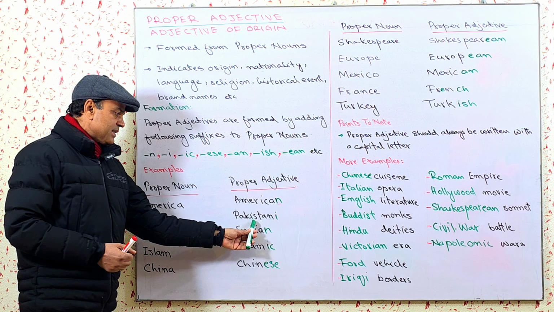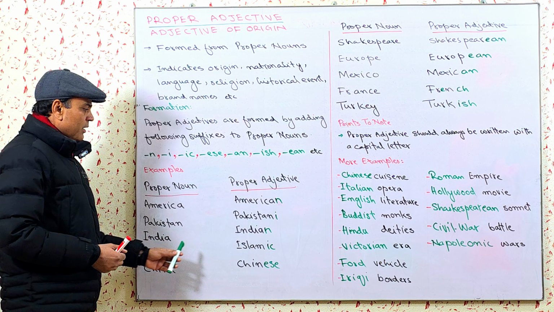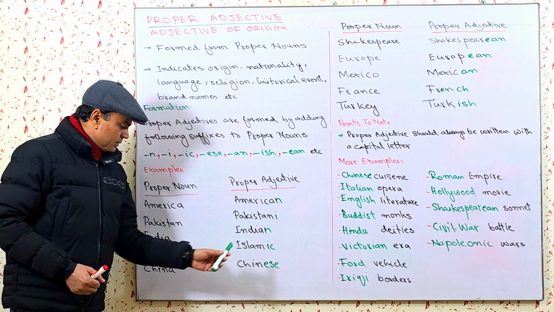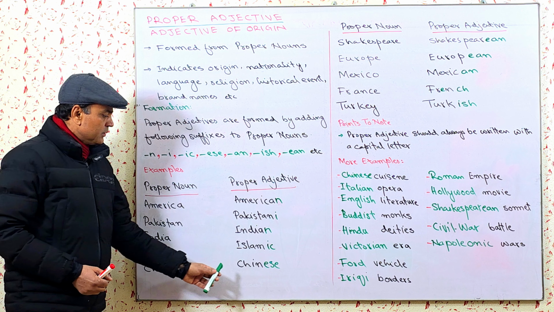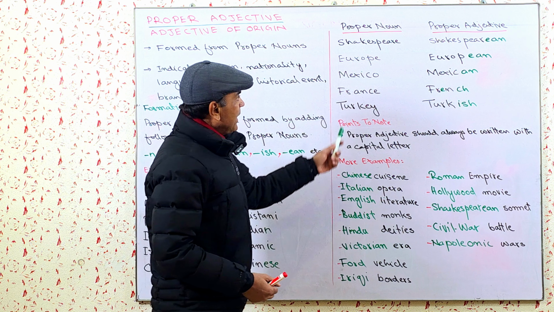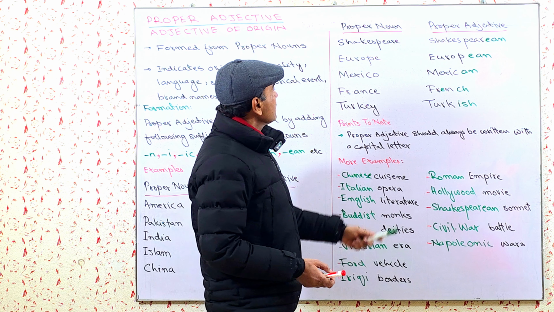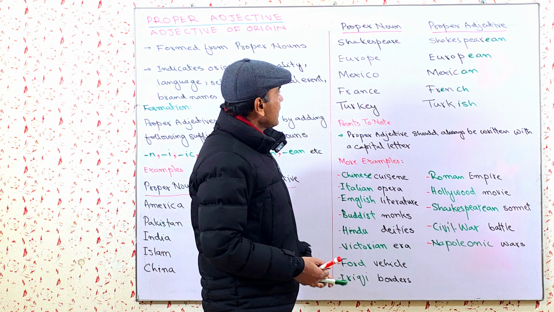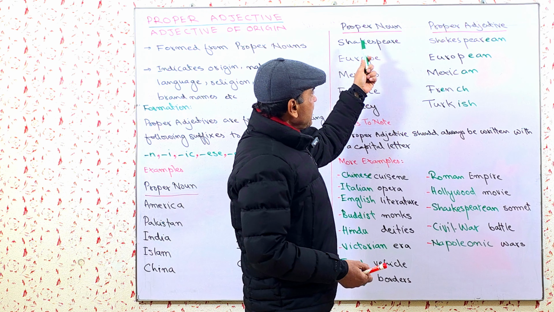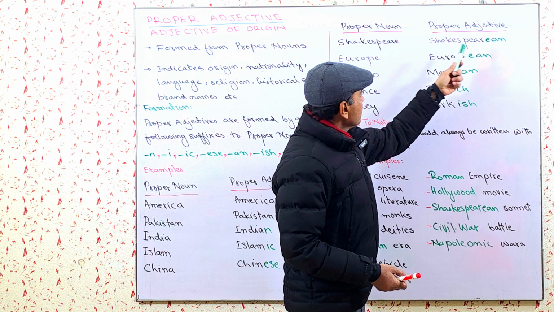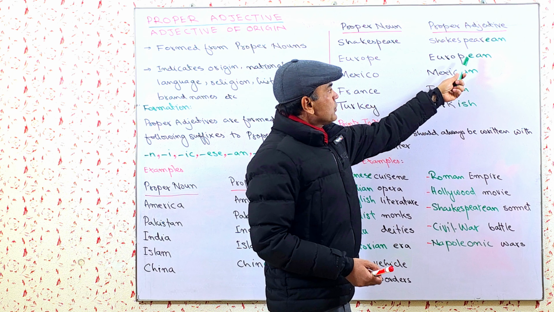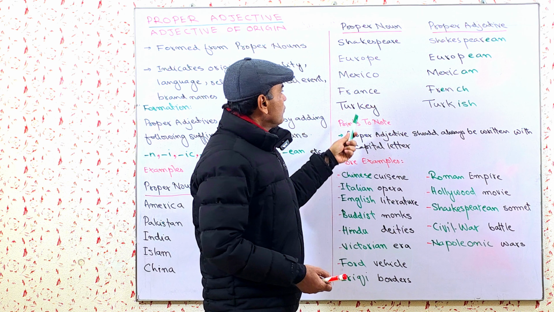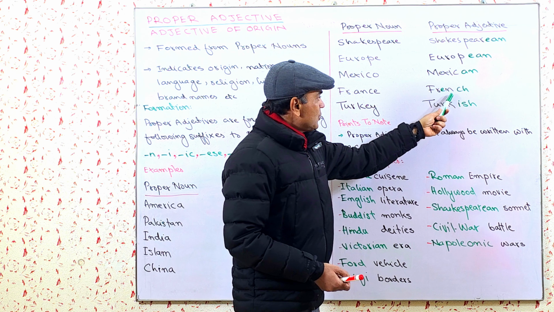Pakistan, Pakistani; India, Indian; Islam, Islamic; China, Chinese; and here is the example of a person, Shakespeare, the great playwright and the poet of his time. From Shakespeare, we have Shakespearean; Europe, European; Mexico, Mexican; France, French.